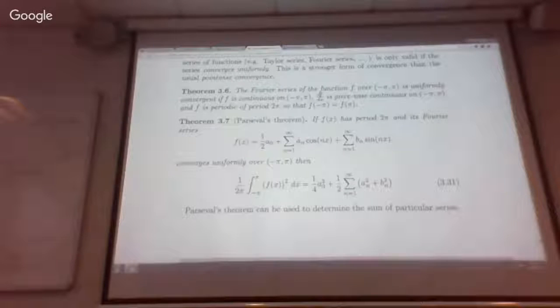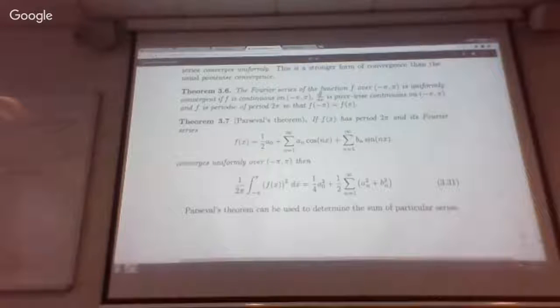And this is needed in order to state our final theorem, which is Parseval's theorem.